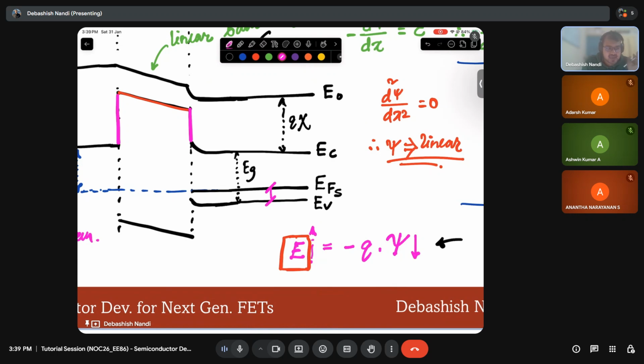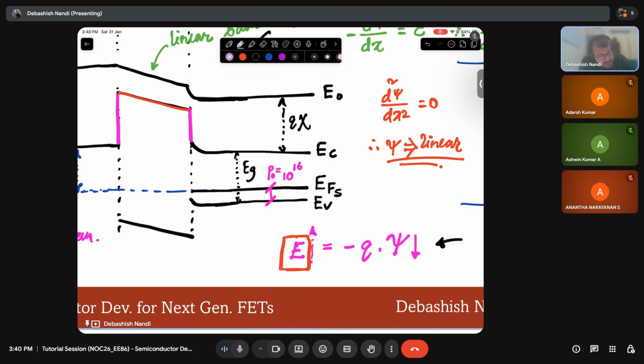Is that clear? Yes, sir. The more the device is P type, the Fermi level will shift toward the valence band, right? Or the distance will get reduced. So let's say this is 10 to the power 16, the doping. Or P type, P0 is 10 to the power 16.